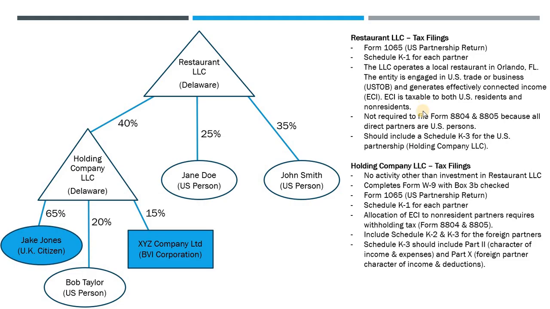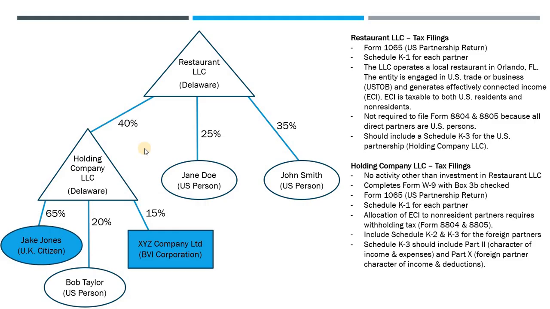So if we summarize some of the key tax filing points here again, the Restaurant LLC here, because this is an LLC, it operates a U.S. trade or business, which is fine, but because it has all domestic partners here, there's no reason for it to file an 8804 and 8805 because all the direct partners are U.S. persons, right? But it should be including the K3 for at least this entity here because it is a domestic partnership that has direct or potentially other indirect foreign partners.